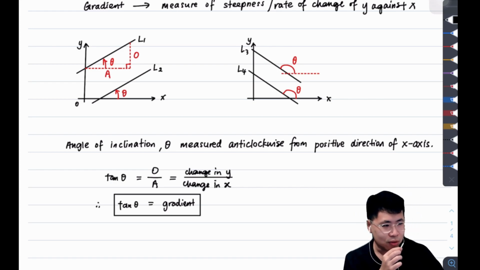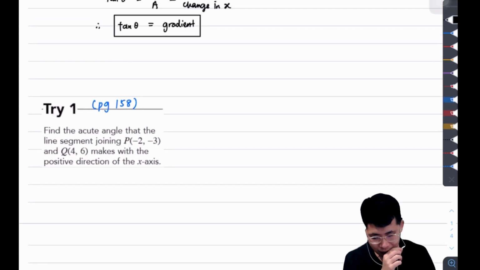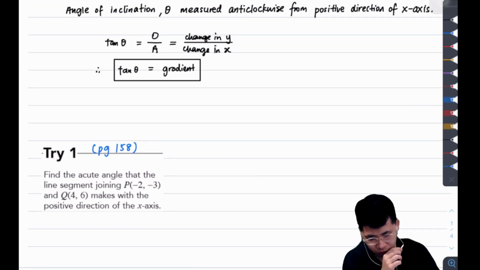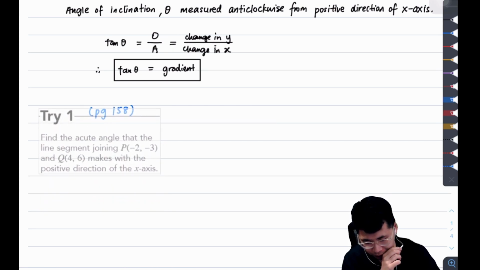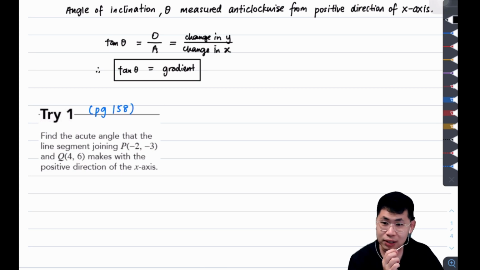Without further ado, let's take a look at Try 1, page 158. We find the acute angle that the line segment joining P and Q makes with the positive direction of the x-axis. So what do we do over here?